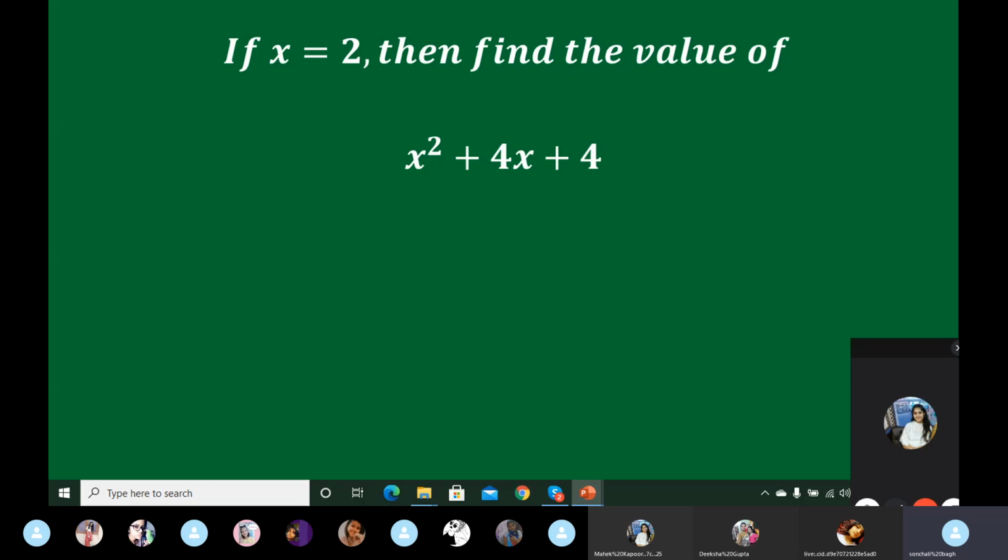Yes or no? No, ma'am. Beta, we are talking about algebraic forms. Are we talking about exponential form?